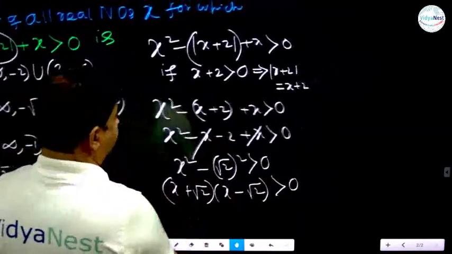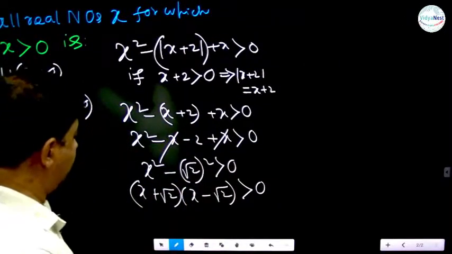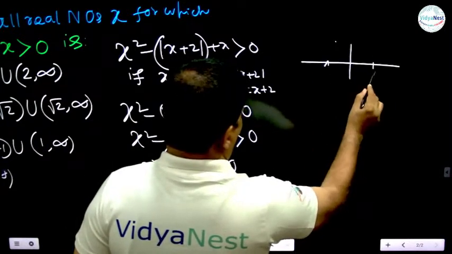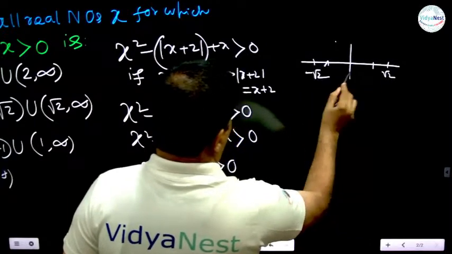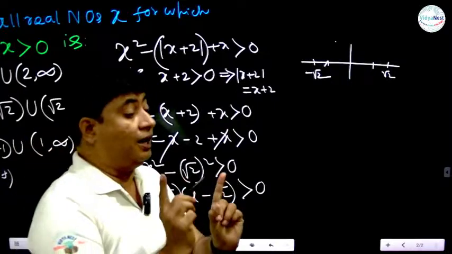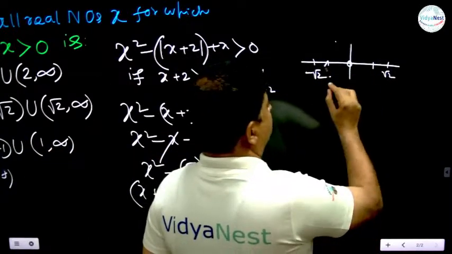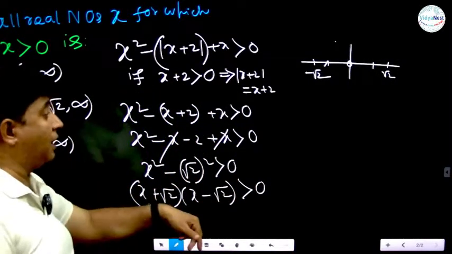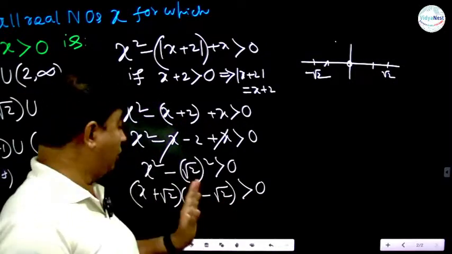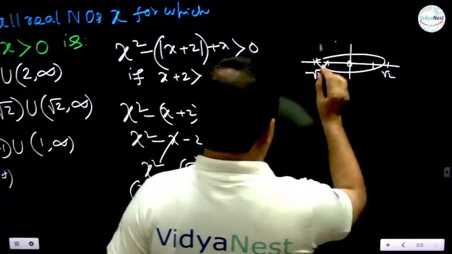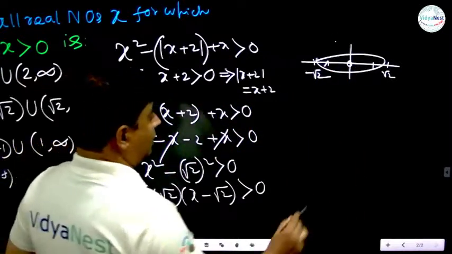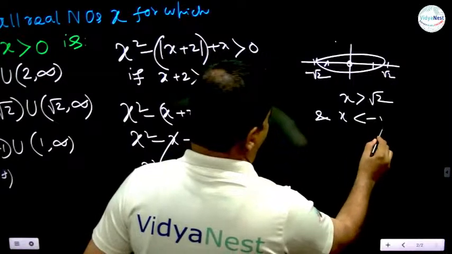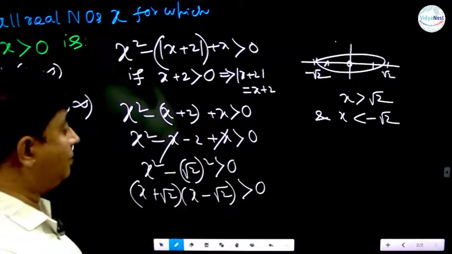Once you get this type of inequation, you plot it on the number line. There is minus √2 and √2. You choose any value between minus √2 and plus √2, say 0. We took 0, which lies between minus √2 and plus √2. So 0 plus √2, 0 minus √2, what will it be? Minus 2, which is not greater than 0. So there is no such value lying in that interval. So where will it lie? x greater than √2 and x less than minus √2. So how can we write this?